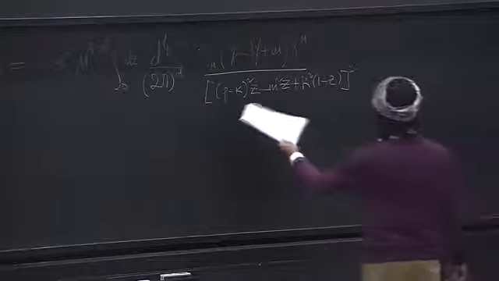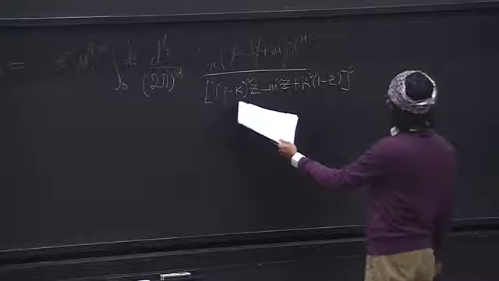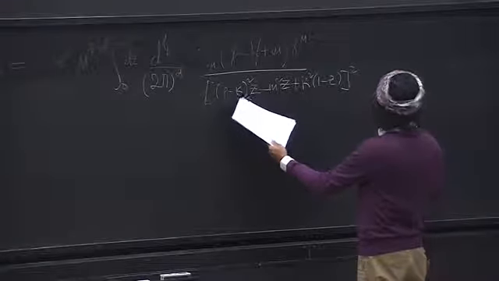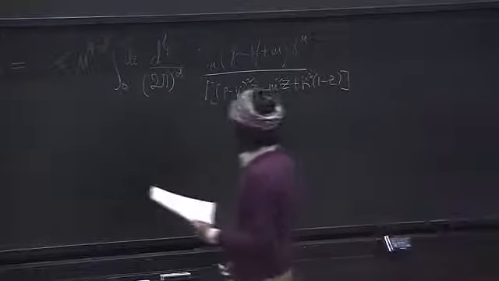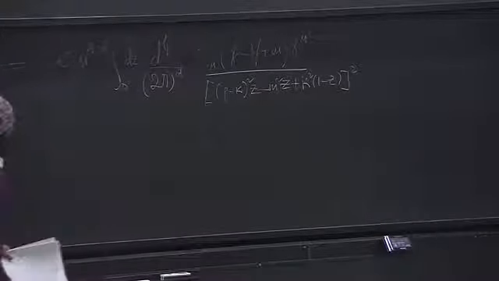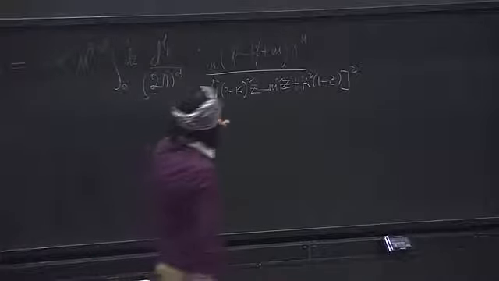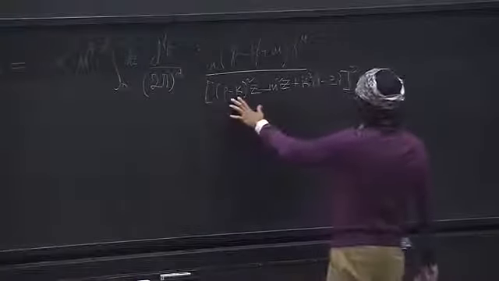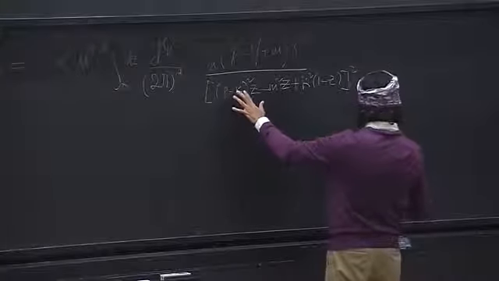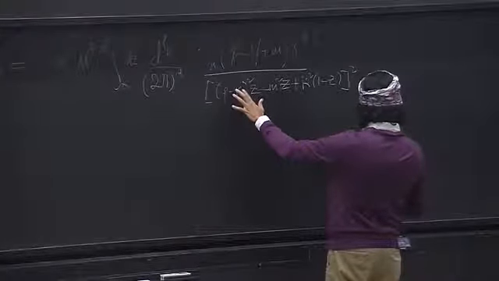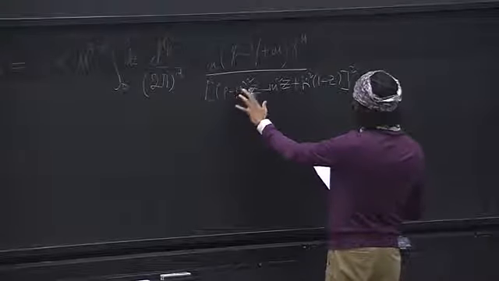Now, if we expand this, then the k squared z terms cancel, and what we have left in the denominator will involve some k squared and some terms involving k.